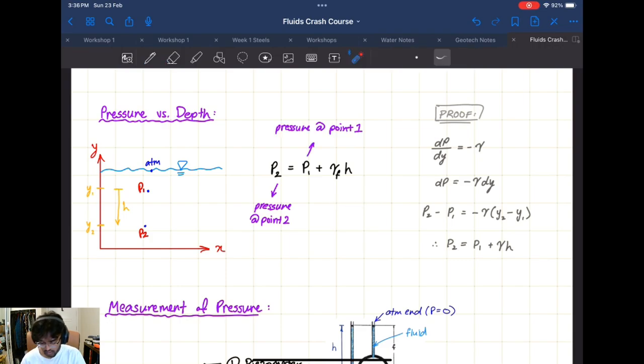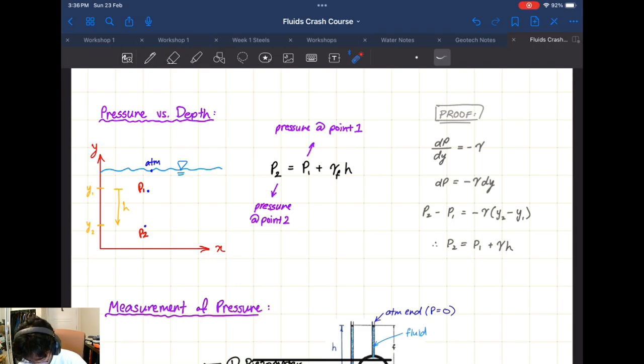Okay, beautiful. So imagine 2 points submerged, so 2 points within a fluid, point 1 and point 2. The height difference between these 2 points is given by h, right? So there's a general formula.